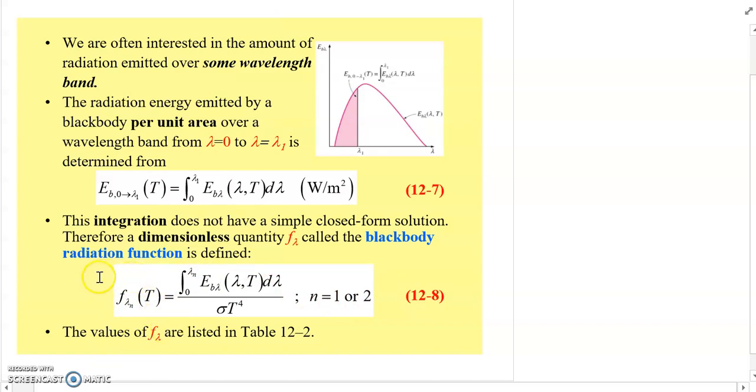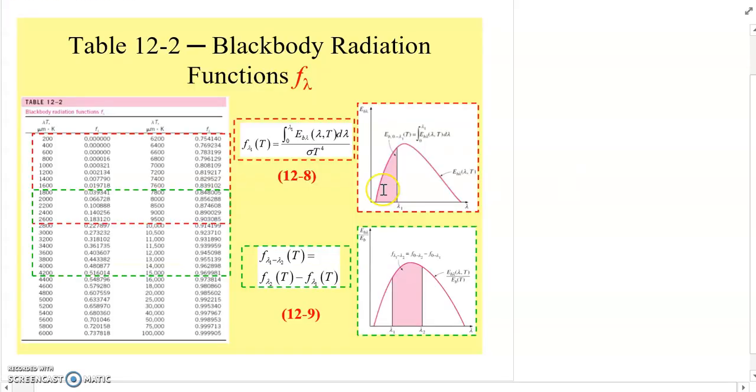Okay, the values of f lambda: someone has done the correlation and determined the area under the curve at specific lambda and temperature T. So for the first part, 12.4 is from lambda 0 to lambda 1.